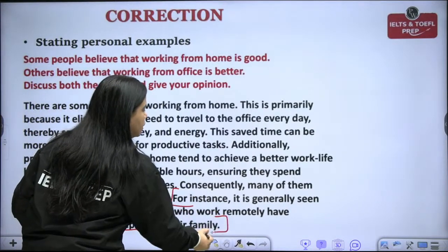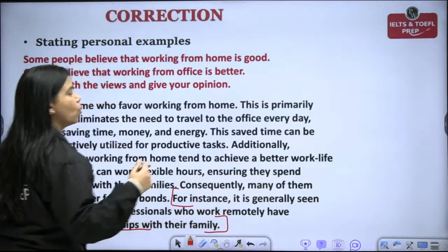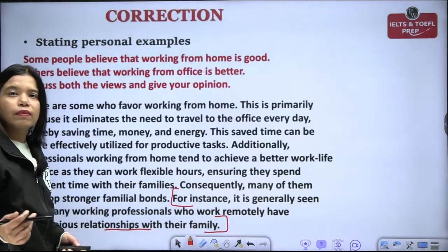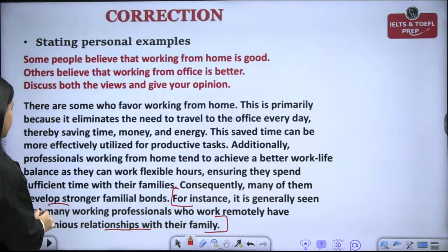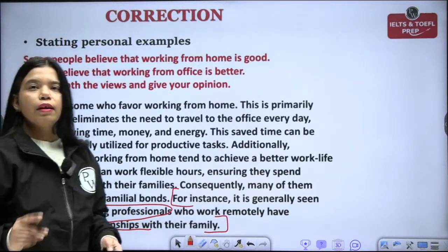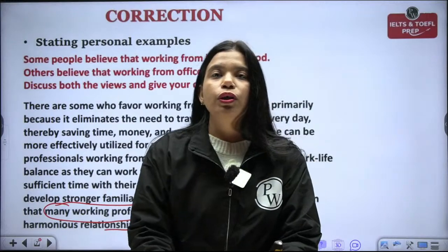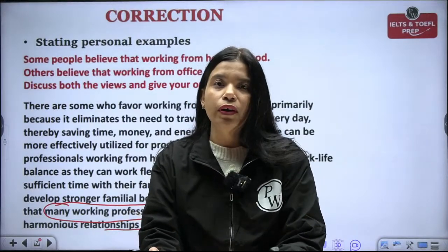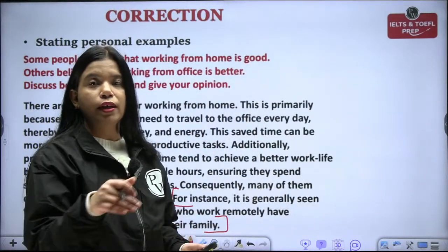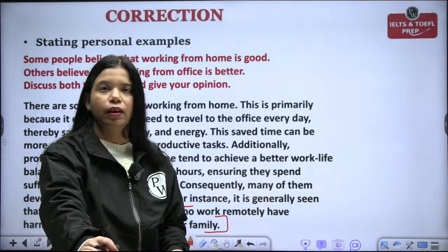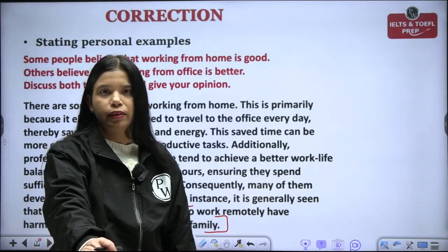As simple as that. Just in place of I, I have taken many working professionals. That was your don't number 1, which was don't use personal examples if you want a high score. If you want to touch 7 or go beyond 7 in the writing module, don't give personal examples.